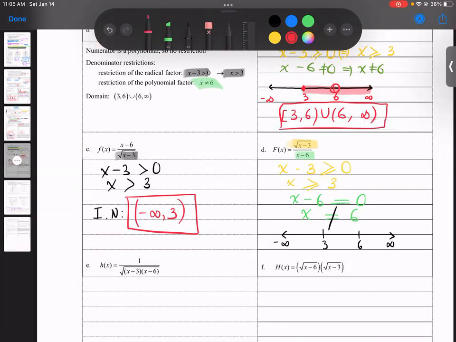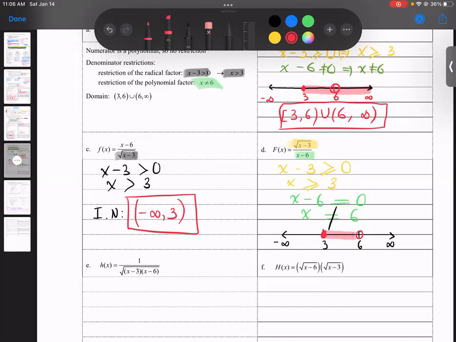We exclude 6, so I'm going to draw a hollow dot there to remind me that I cannot take 6. And then what else? Another restriction is that x has to be greater or equal to 3. So my second restriction is that it has to start from 3, with 3 included. I'm going to make this a filled dot. 3 is included, but 6 is not included.